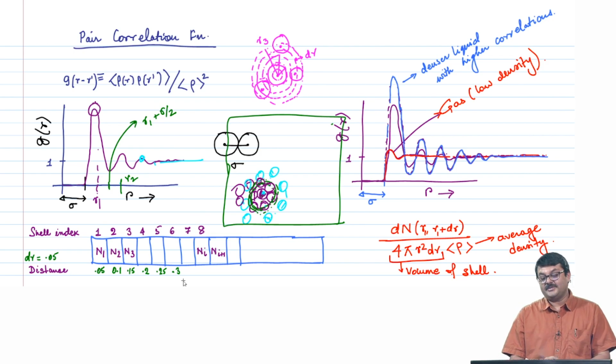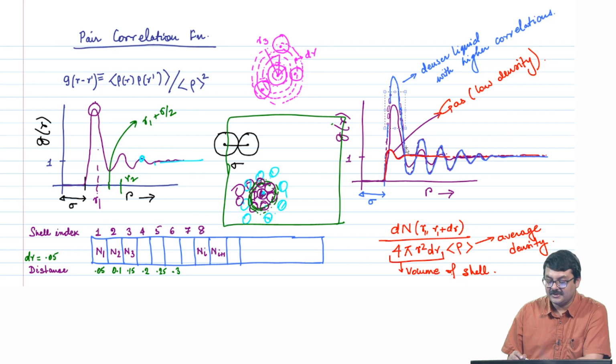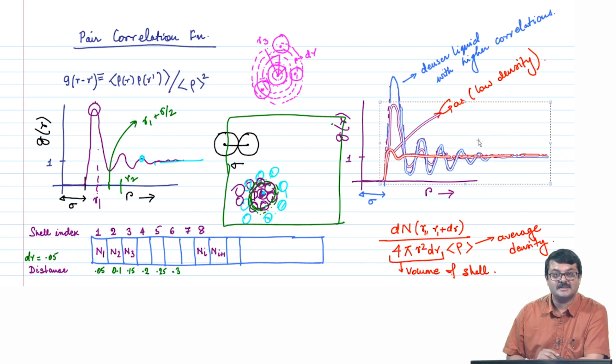That will be given as an assignment for different densities, and you shall see that if you decrease the density, the position of this peak also keeps on decreasing, so that when it is a gas, really dilute, the pair correlation function beyond distance sigma becomes practically equal to 1.